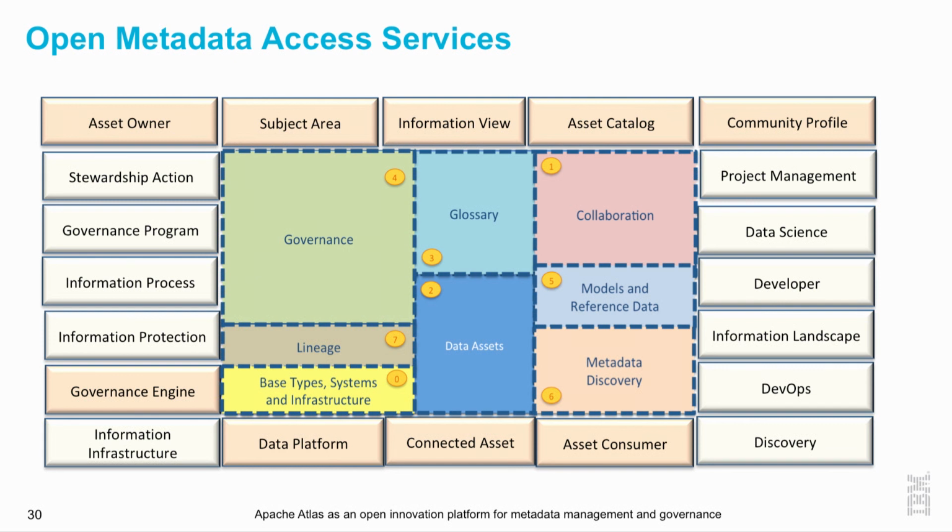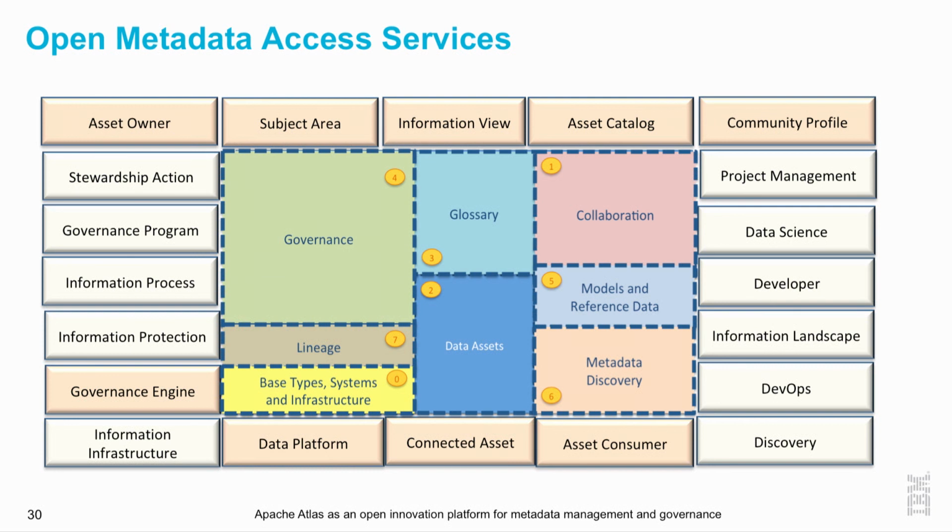And then along the top there you see much more people-oriented services. So the asset owner, so how does somebody classify the data, look at feedback, give people permission. That's the asset owner. The subject area is for people who are expert in a particular subject area to set up the glossary terms and the rules relating to a particular subject area.